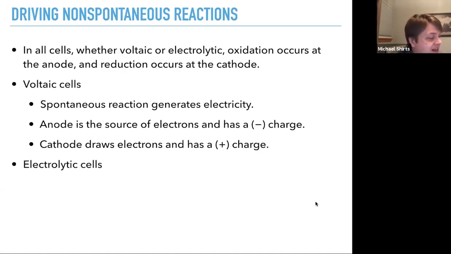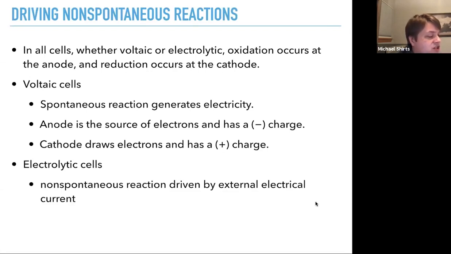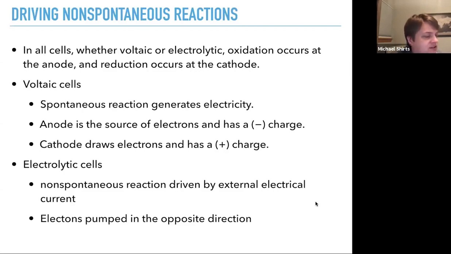In electrolytic cells, a non-spontaneous reaction is driven by an external electrical current. You're applying the current to force the electrons to go from the anode to the cathode when they really don't want to. The electrons are being pumped in the opposite direction to the one the chemical reaction would usually go.